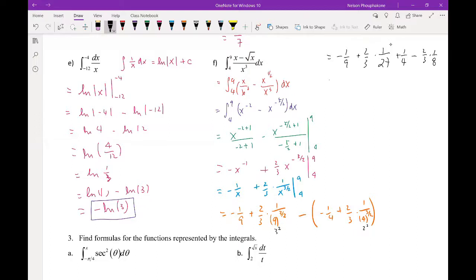Now after we have this, what I would like to do is simplify. So I will have -1/9 plus 2 over 81 plus 1/4 minus 2/24, which is 1/12.